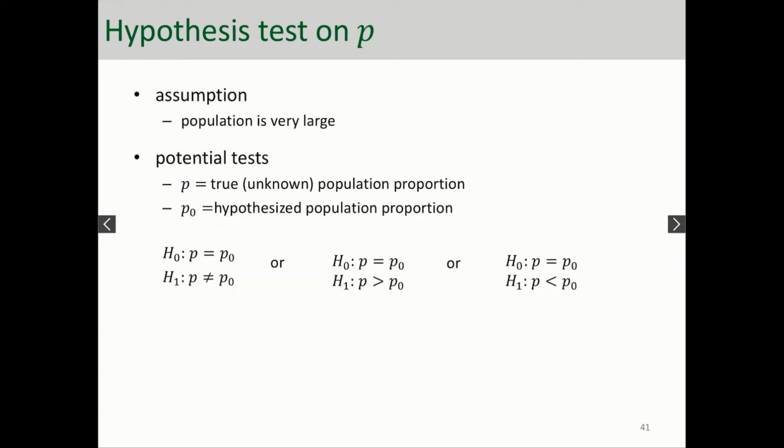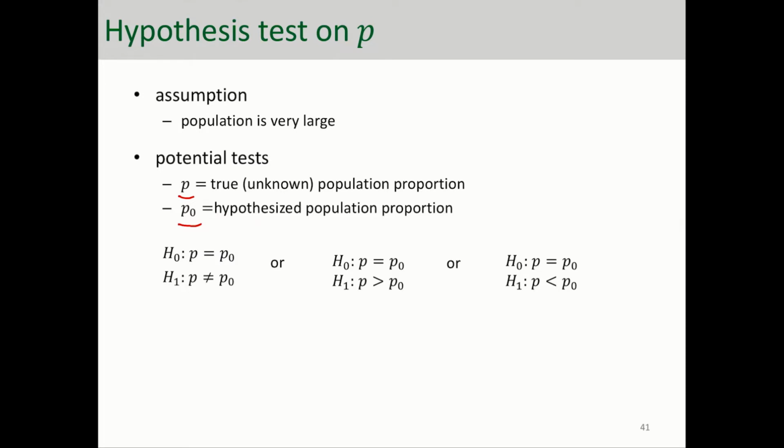So, the parameters that we have are the true population proportion, p. That is what we used to have as mu, and then the hypothesized population proportion. This hypothesized population proportion is what we had before as mu naught, when the test was about average.